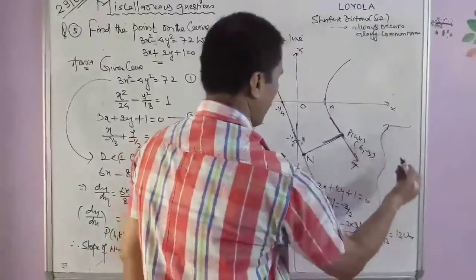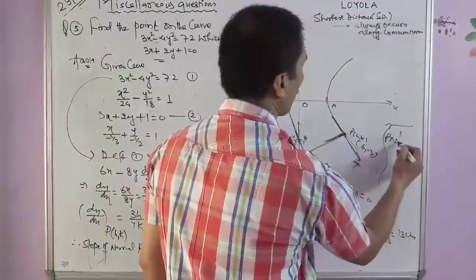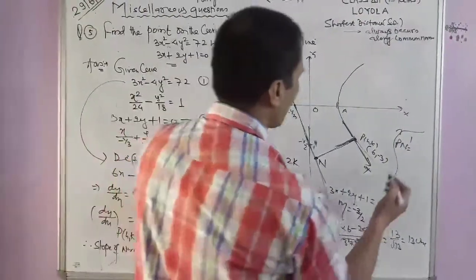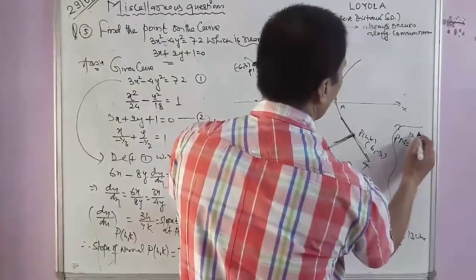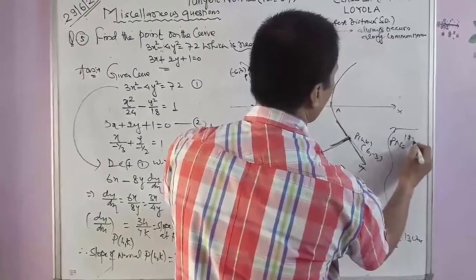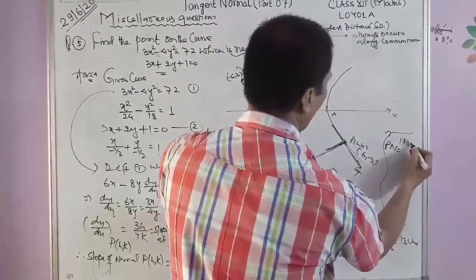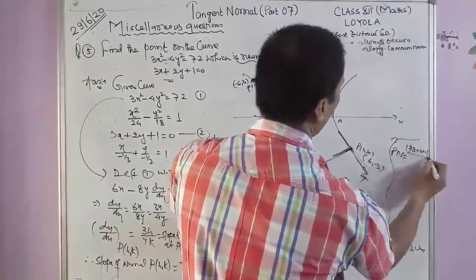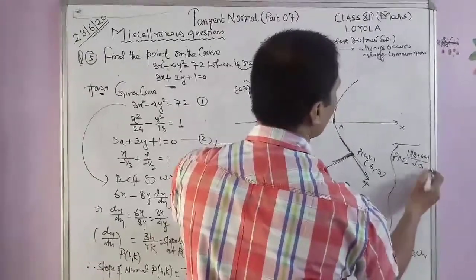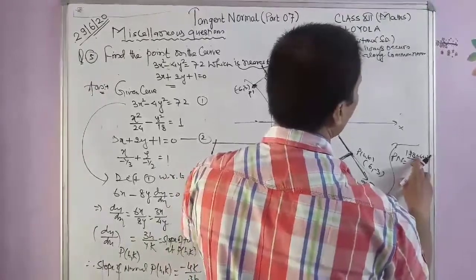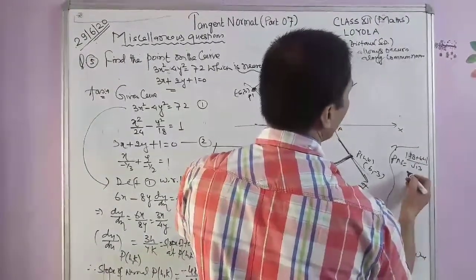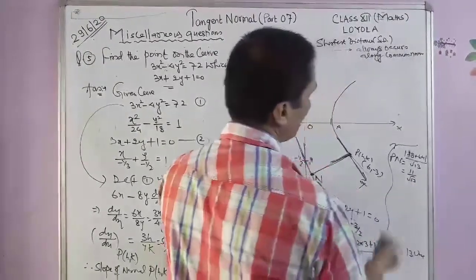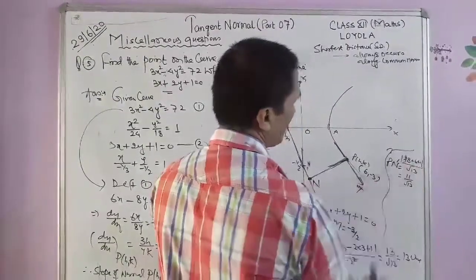And for the second point, P dash N dash, (minus 6, 3): 3 into minus 6, that is minus 18, plus 6 plus 1, upon under root 13, minus 18 plus 7 gives 11 upon under root 13.